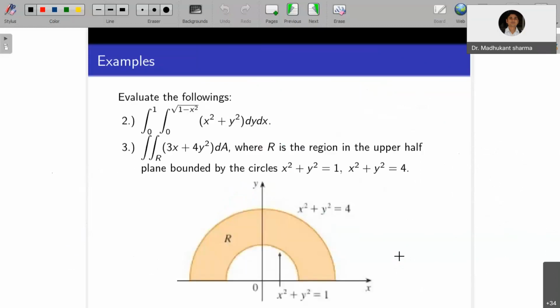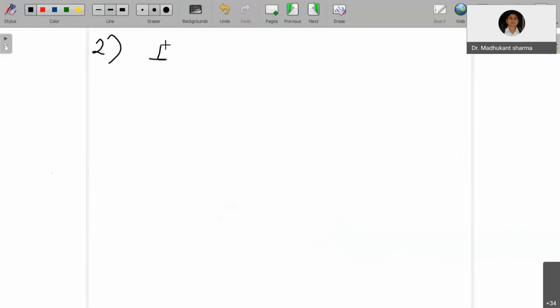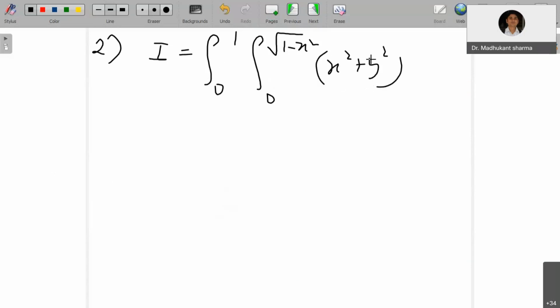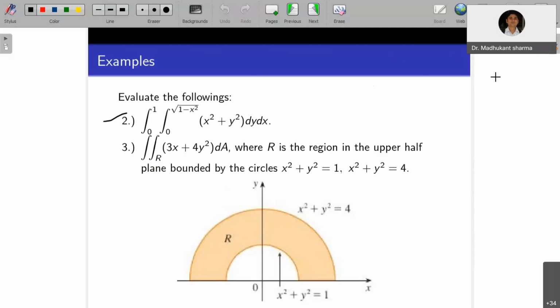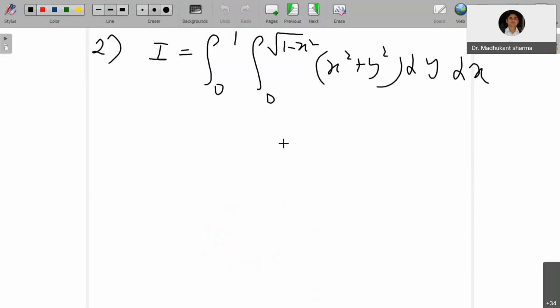Okay, so this is how you can identify the limits here. Right. Let's take one more example. Let's look at this second problem. We have to evaluate the following. Okay? So let's take I equals integration 0 to 1, 0 to square root of 1 minus x square, x square plus y square, dy dx, right? Yes.